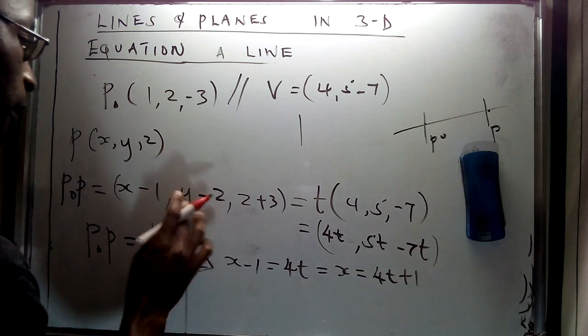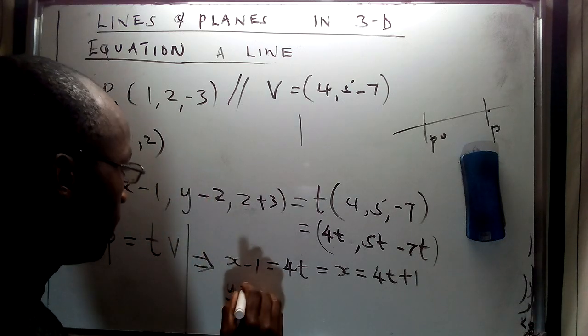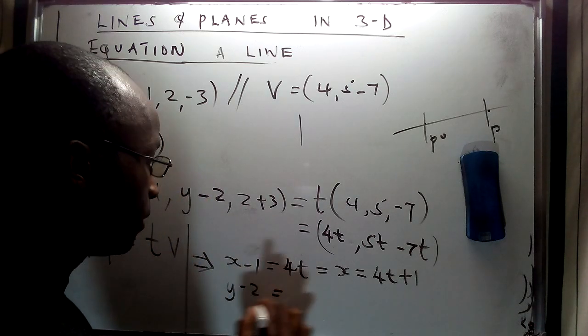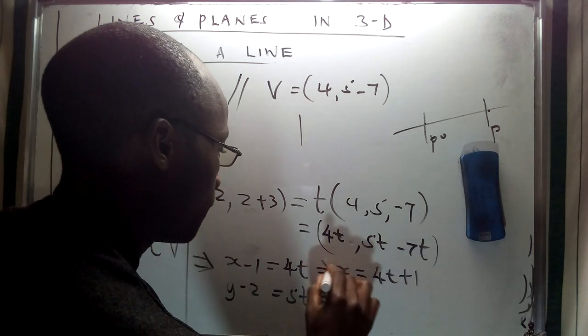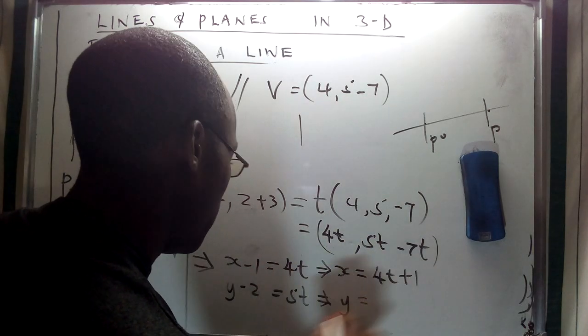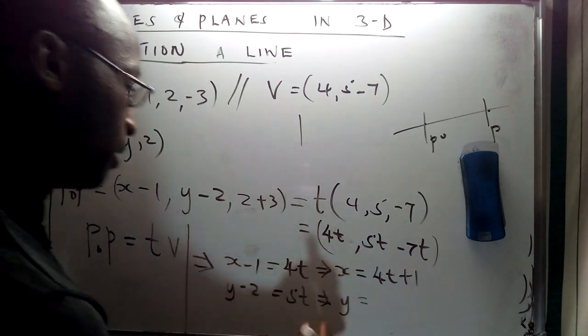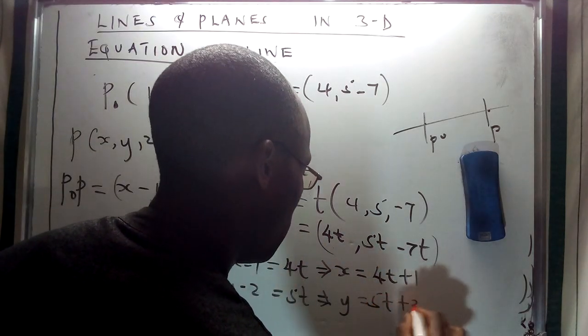Then for y, we have y minus 2 equal to 5t, implying y is equivalent to 5t plus 2.